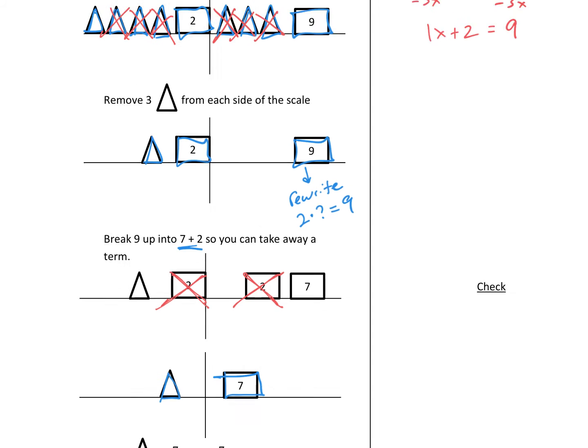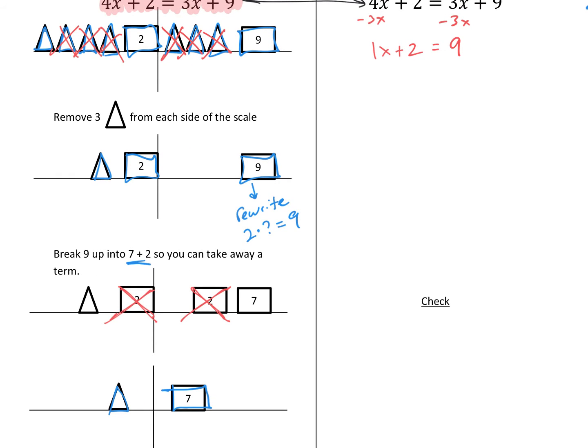But because we're doing this mathematically and we can show subtraction using algebraic symbols, instead of rewriting 9 as 7 and 2, we can just show subtracting 2 from both sides. So now I'm left with 1x equals 7, which you can see matches our pawn is equal to 7.